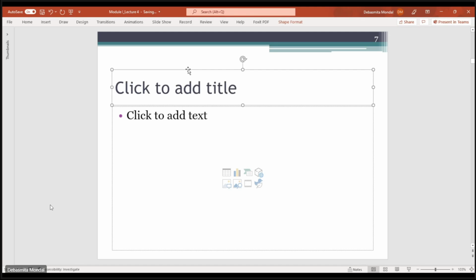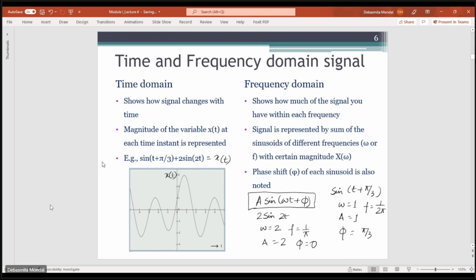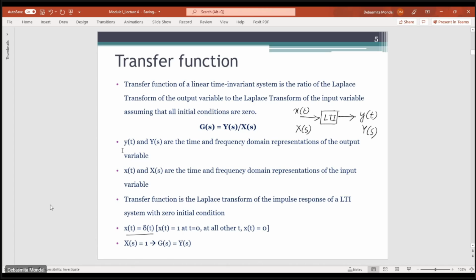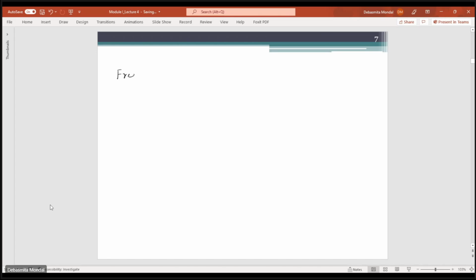Now if you want to draw the signal in the frequency domain, you will have two plots. In one you will plot the value of the magnitude, let us say X, and in the other you will plot the phase of the signal.